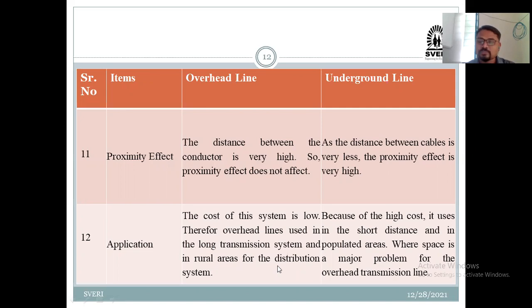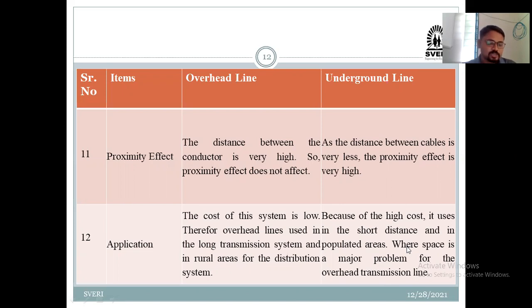But as far as the underground system is concerned, its cost is high. So it is used in short distance transmission and in the populated areas where space is a major problem for the transmission. That means where there are populated areas, where space is a very major consideration. Obviously, in a populated area the space will be less. So the underground system is used where we have to transmit electricity over a short distance or in populated areas where space is a major concern.